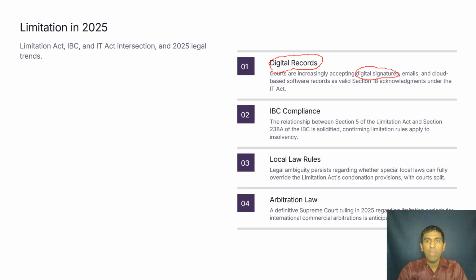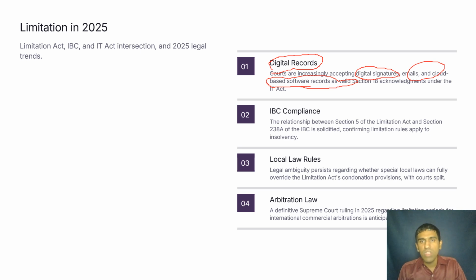They are accepting emails and records which are cloud based software. Now section 18 specifies written signed acknowledgements. Increasingly nowadays courts are accepting online documents which are digitally signed, or emails which have the party's acknowledgement with the sending party's details.